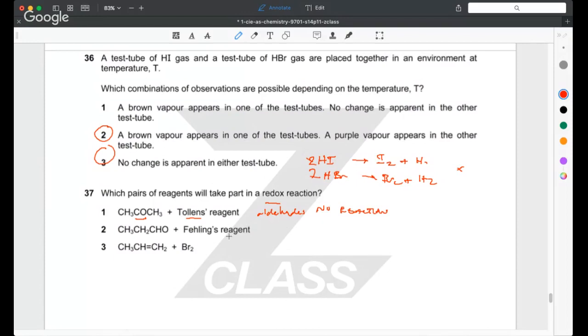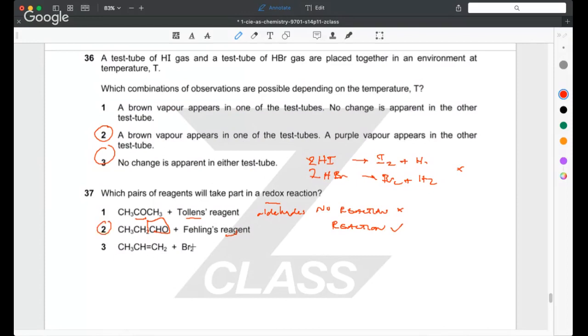Here you've got Fehling's reagent, which is again a test for aldehydes. And there, it's true, this time you have got an aldehyde. So there will be a reaction there. So that was no reaction there, can't be a redox reaction. That is a reaction, and that is a redox reaction.